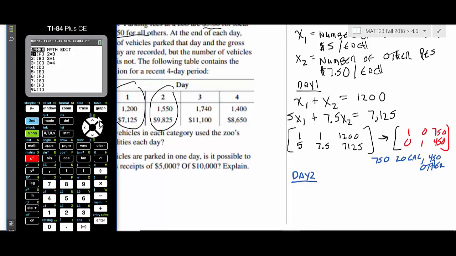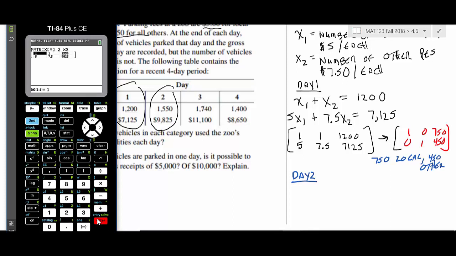So for day two, I'm going to go back to that same matrix I have. The only thing that's going to change is you're going to have 1, 1, but now it's going to be 1,550. So now you have 1,550 cars parked. The second row is the same. We didn't change the fee on that, but the amount of money we made was $9,825.